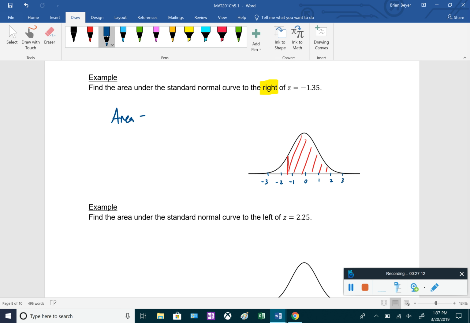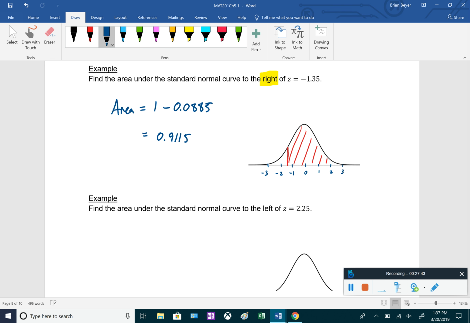So it's going to be 1 minus, and then the area to the left of that z-score, looking that up on the table, would give us 0.9115. We subtract them, oops, sorry, that's wrong. The area to the left is 0.0885. 1 minus that is 0.9115.